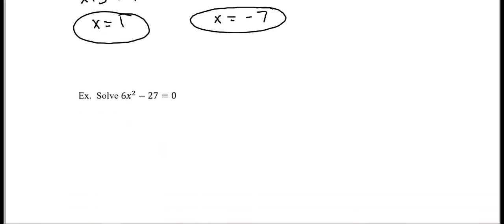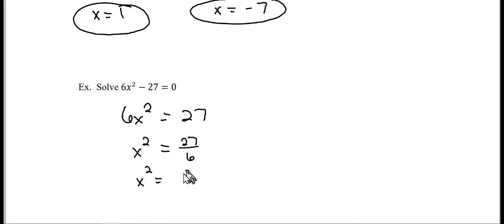All right, sometimes you have a little bit more involved, but here's another one where the b is 0, the x term is missing. We're just going to isolate that x squared. Add 27 to both sides. Divide both sides by 6 to get whatever you have squared by itself. 27 divided by 6, which simplifies to 9 over 2.